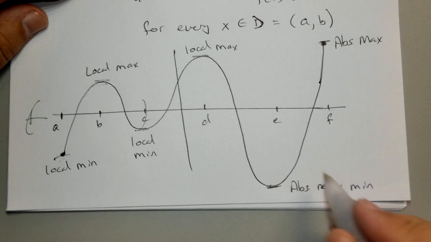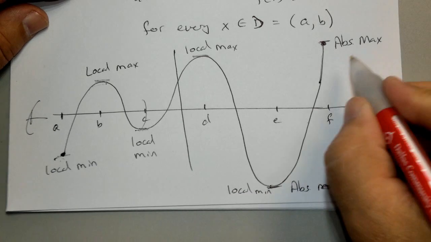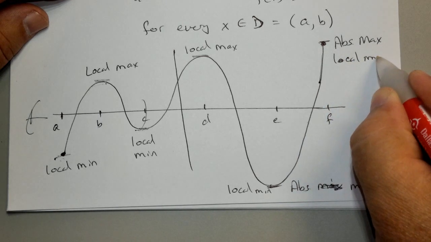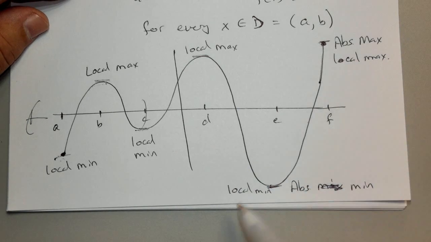But these are also local mins and local max, because the subdomain I can pick would include only those two.